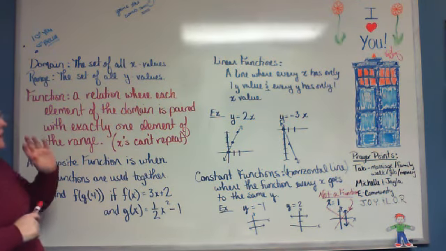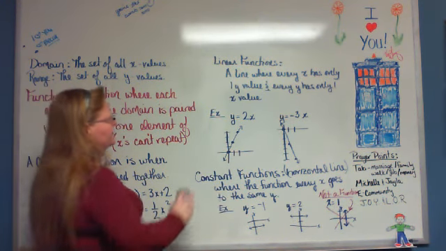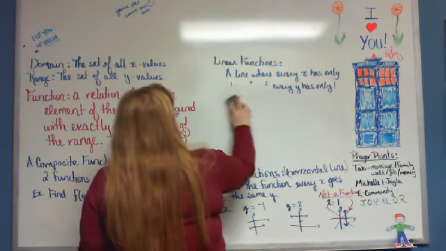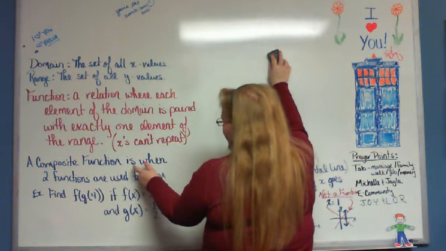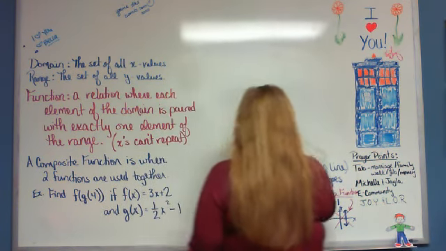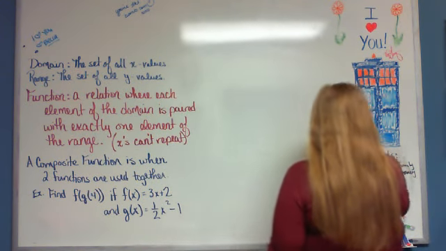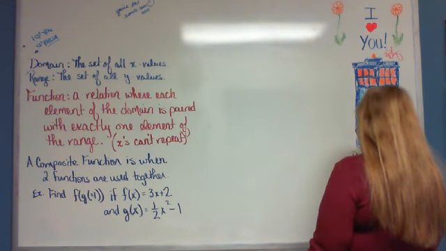Now, some basics on functions. Give me some space so that we can talk about composite functions. Composite functions are when you're going to end up grouping 2 functions together for some reason.